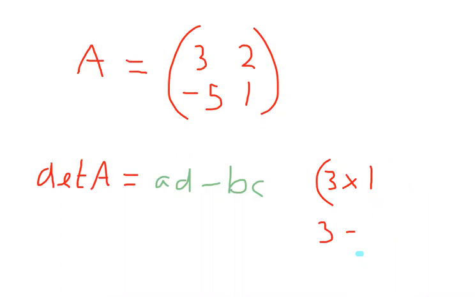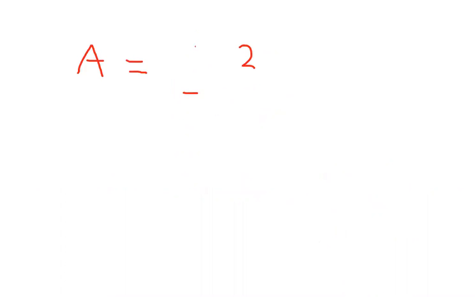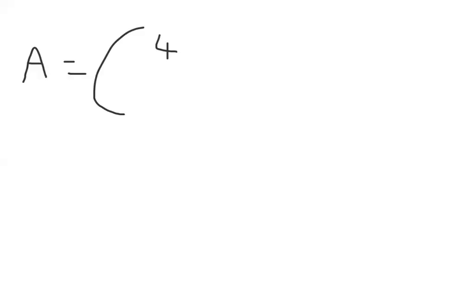So for a 3 by 3 matrix, you still need the basic formula AD minus BC, but now we're using it in a different way. So let's write up a basic 3 by 3 matrix. A equals 4, 2, 5, 3, 1, 2, 1, 3, 2.